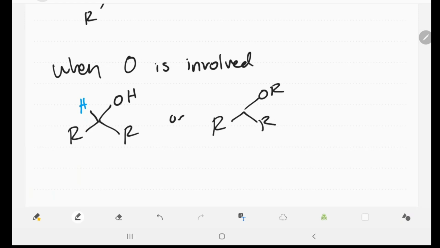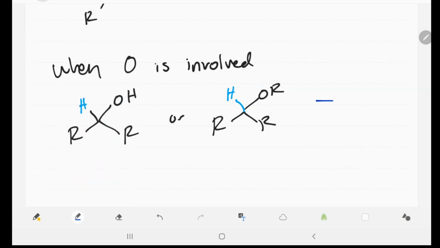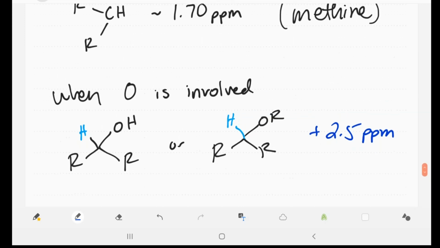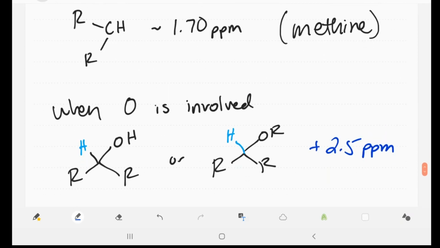If it's on the same carbon that is bound to an ether or an alcohol, we're going to add about 2.5 ppm to its value. Notice that because this is a methine hydrogen, it is a CH by itself.